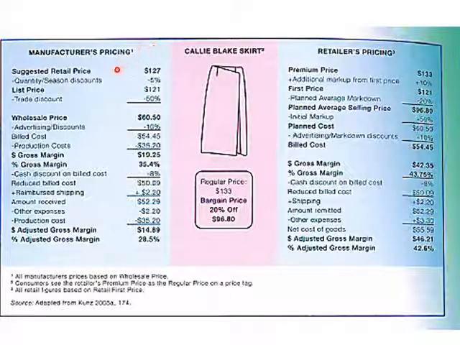Looking over at the manufacturing pricing, they have a suggested retail price of $127. The wholesale price looks like it's $60.50, and the wholesale price is what it costs. So that's the cost of goods, how much it costs to simply make the item. And then over here on the retailer's pricing, they have a premium price, which is $130, which is a little bit higher than the suggested retail.